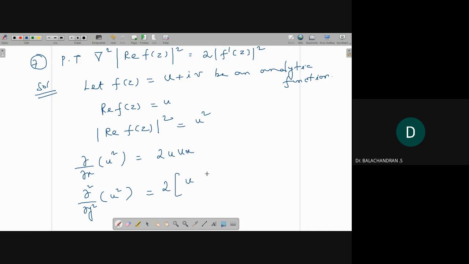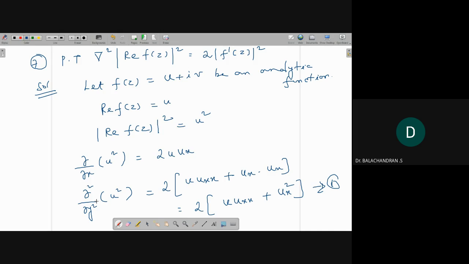U into uxx plus ux into ux, that is 2 times uxx plus ux whole square. This is equation 1.